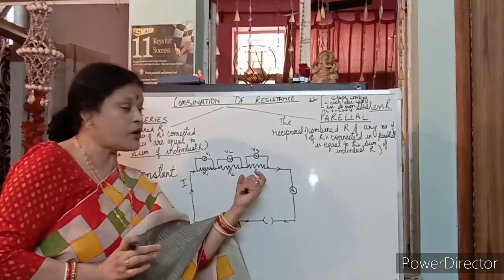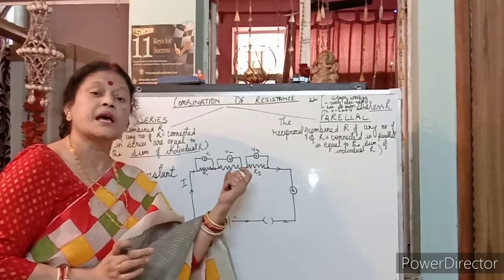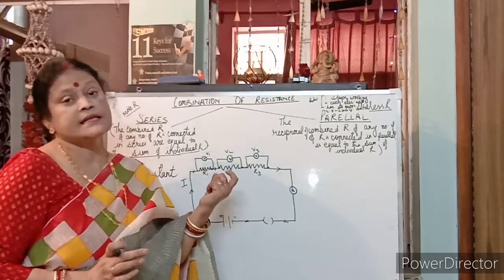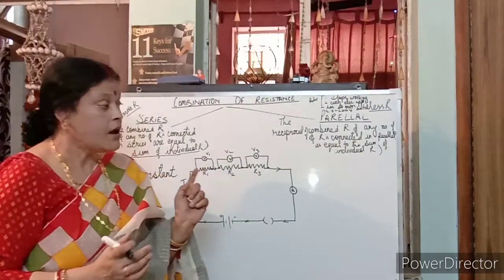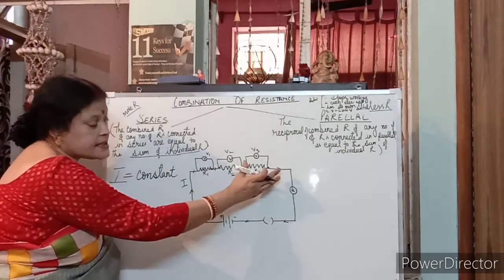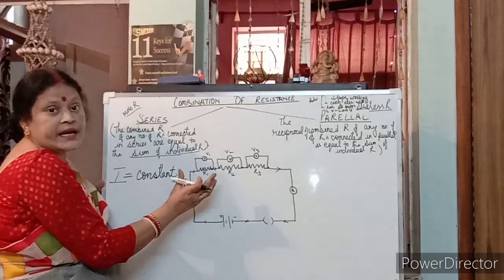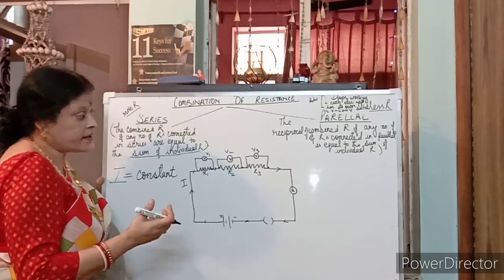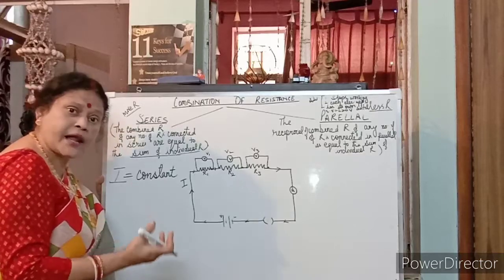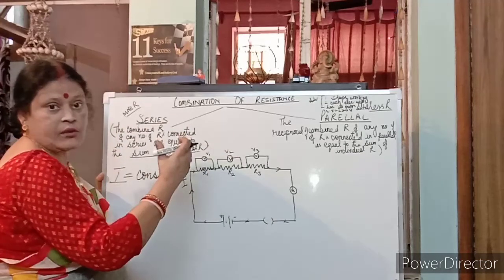When we add up all these resistances, the total resistance we get is the series combination. And we'll find that the series combination value is always more than that of the parallel combination.